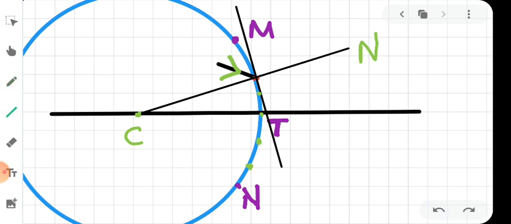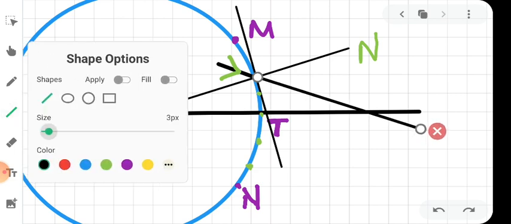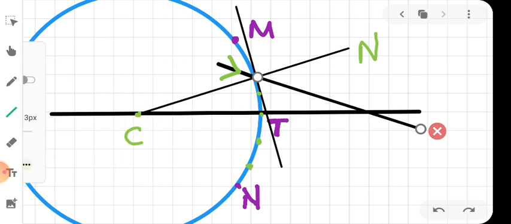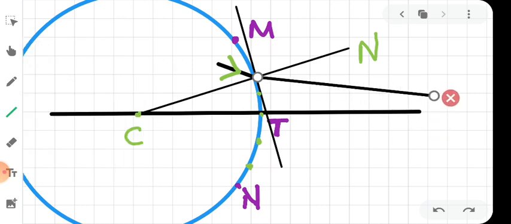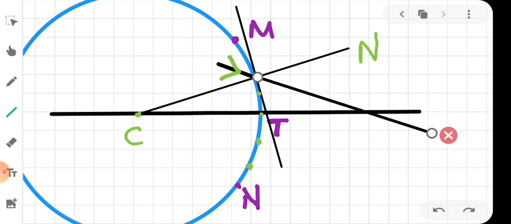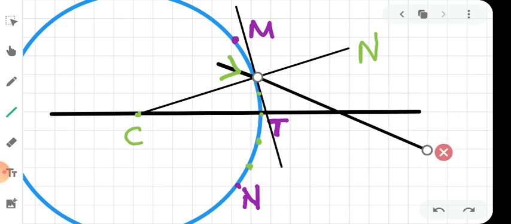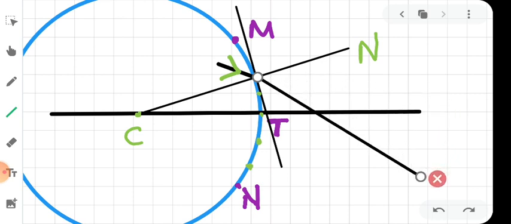The undeviated light should have gone like this, but that is not what happens. The light ray does not go straight, and it should not go towards the normal, but it should be deviating away from the normal.